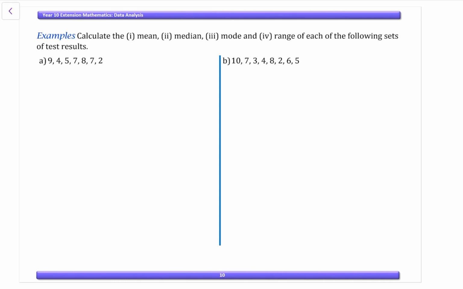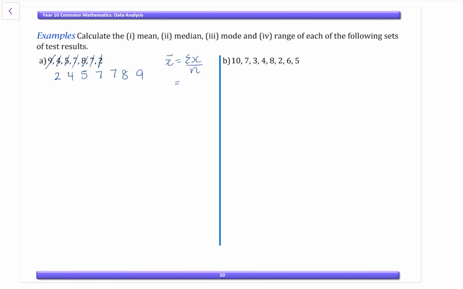So I'm going to start by putting it in order because I'm going to need that for median anyway. I recommend crossing off your data as you do this so you don't accidentally miss something. Okay, so that's my data in order. So my mean is equal to my sum of scores over n.